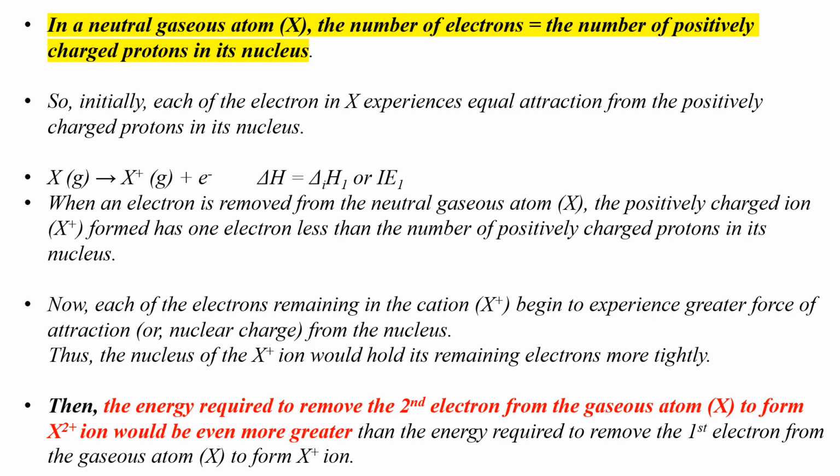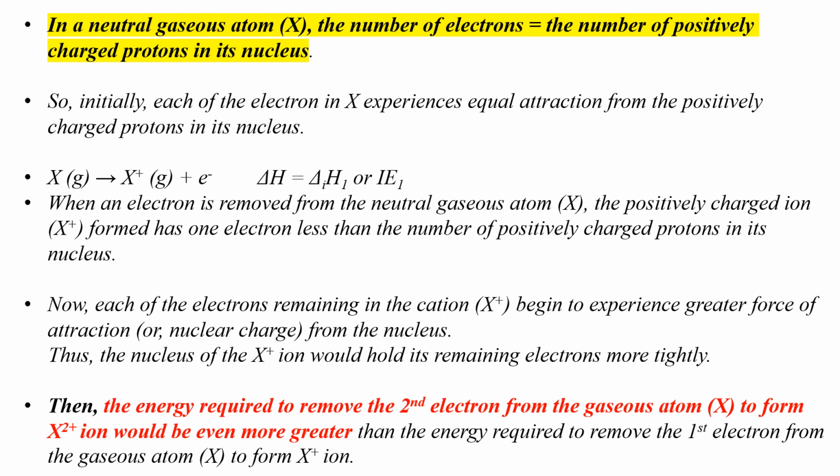As a result, the force of attraction between the nucleus and the remaining electrons in the cation X plus increases. Now, each of the electrons in the cation X plus begin to experience greater nuclear charge, or in other words, they begin to experience greater attractive force from the nucleus.